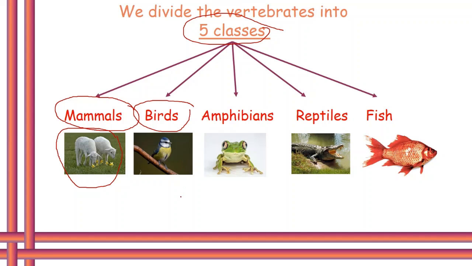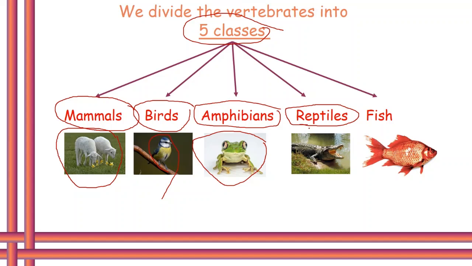Birds class contains all birds, like this photo. Okay. The third class is the amphibians, like frog and salamanders. Okay. Reptiles is the class that contains crocodiles and snakes, like the photo we saw before.